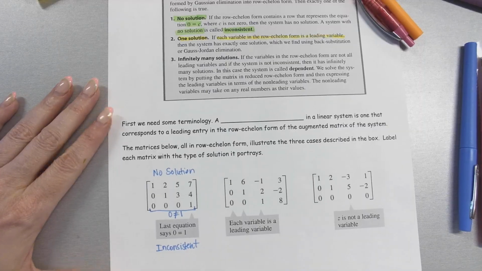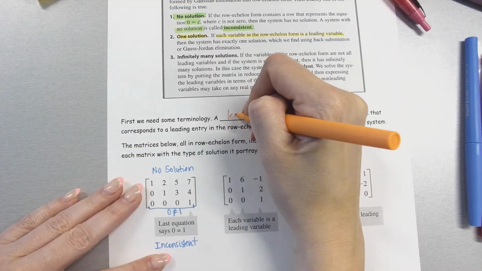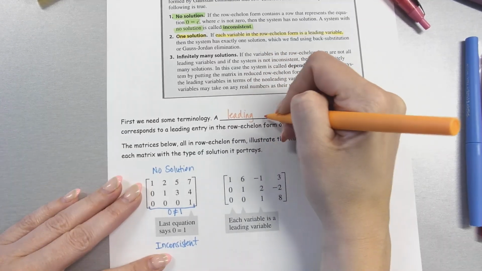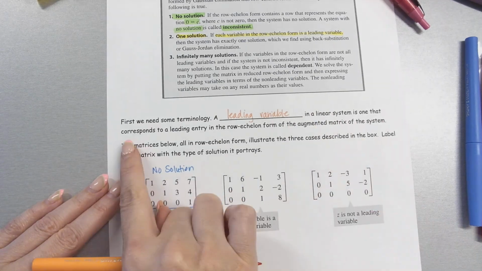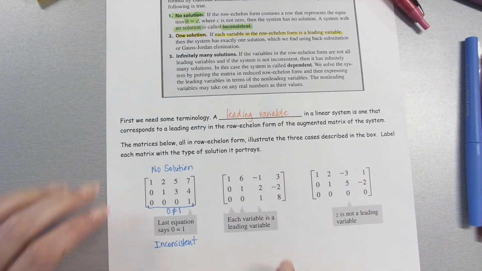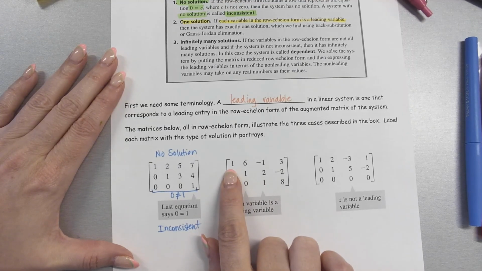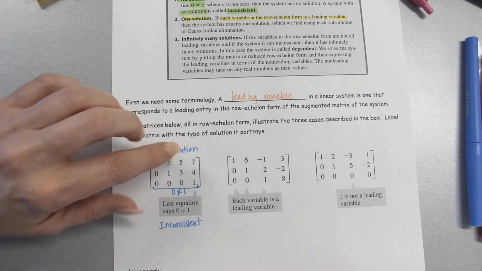Okay, so when they say that leading variable, okay, what that means is that it corresponds to a leading entry. So the leading variable is one that corresponds to the leading entry.